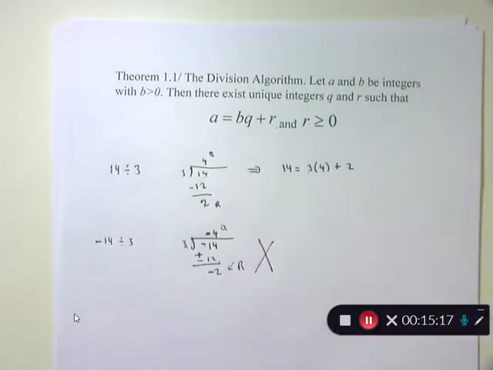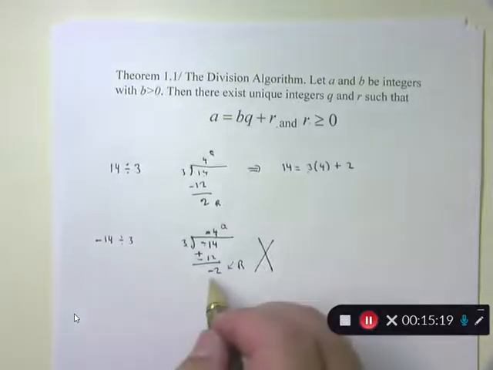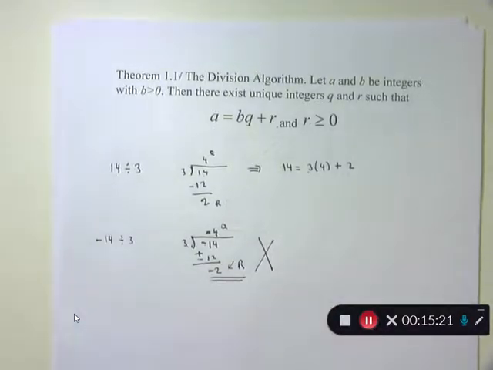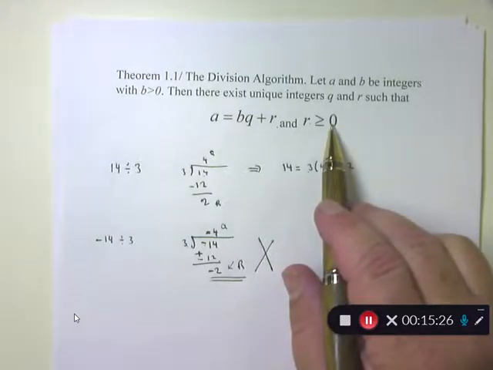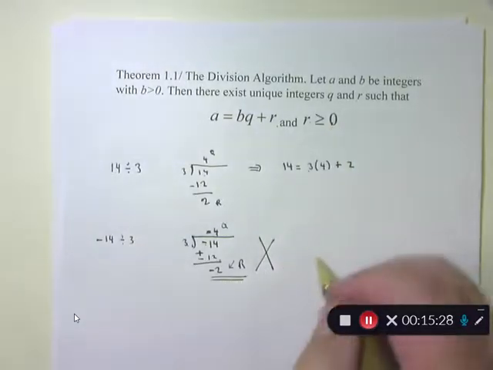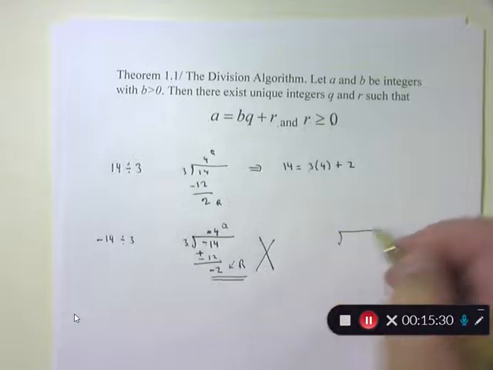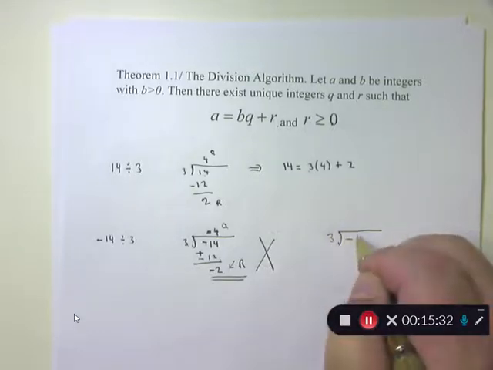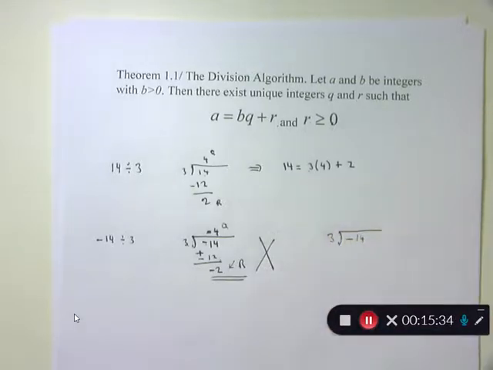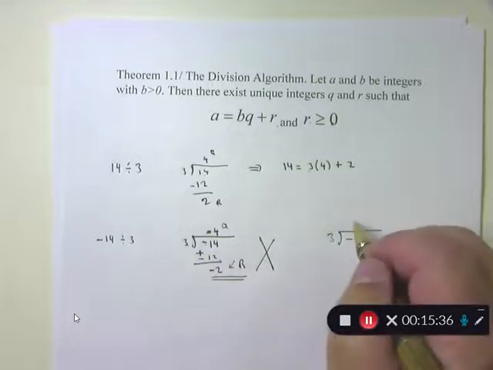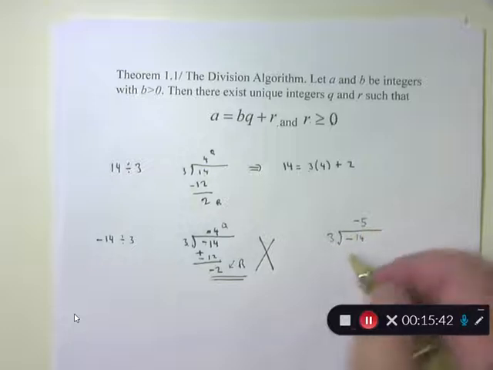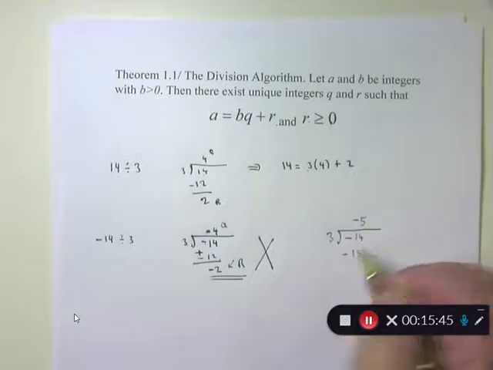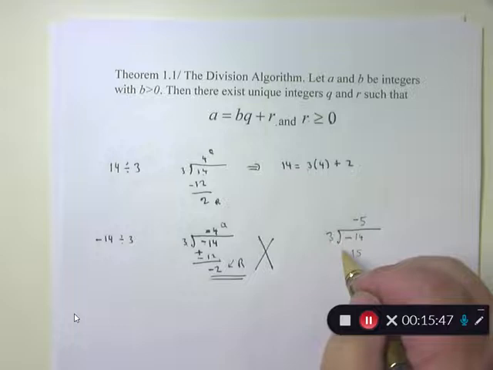And that's absolutely wrong. And the reason why it's wrong, and this is where most people would make their mistakes, is the remainder has to be greater than or equal to 0. So to be able to do this problem, I'm going to take 3 and divide it into negative 14, but it's actually going to go in there negative 5 times. Remember, you want the remainder to be positive. So negative 5 times 3 is actually negative 15, and then in your long division you would subtract, which changes your signs.